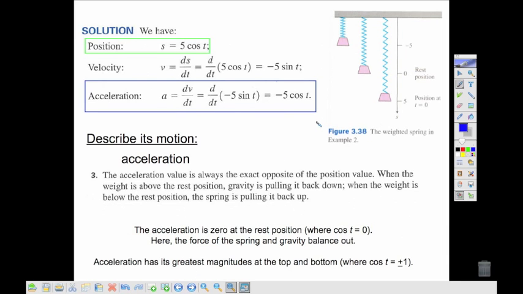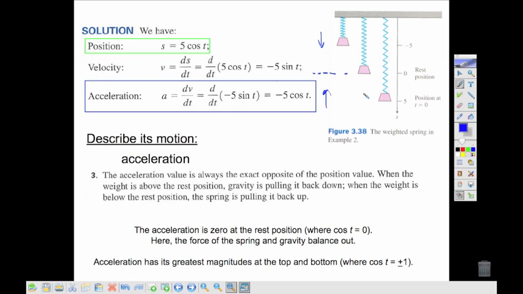The acceleration is, since it's being pulled down by gravity and pulled up, then these forces are trying to act on each other. Now, when we're at 0, the rest position, the force of the spring and gravity are going to be balanced out. And so we're going to get an acceleration of 0 when we're at the rest position. When we're at the maximums and minimums, that's where we're going to get the highest acceleration, the greatest magnitude on those.